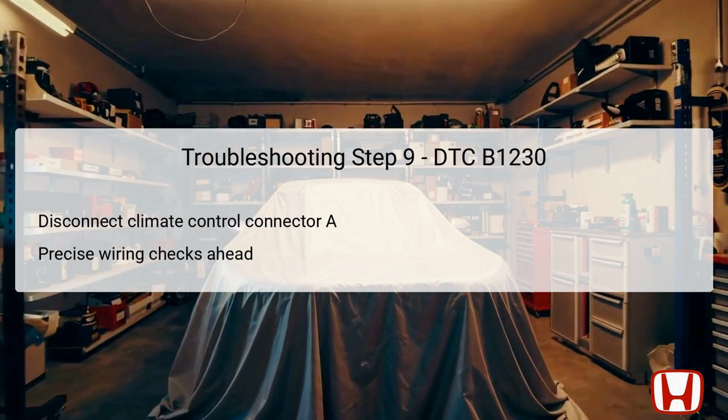The 9th troubleshooting step requires disconnecting the climate control unit's A connector, identified as 28P. This connector serves as one of the key communication links within the climate control system, and disconnecting it allows for isolated testing of the connections related to the sunlight sensor. By performing this action, technicians can effectively narrow down potential issues in the circuit without interference from the rest of the system.